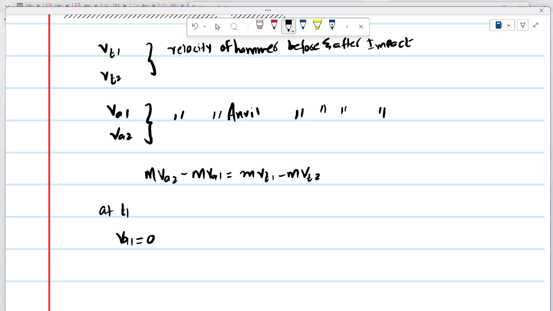And so we can determine the velocity of the hammer using the potential energy that it stores: half m vt1 squared equals mgh, right? Where we know h was equal to 2 meters.